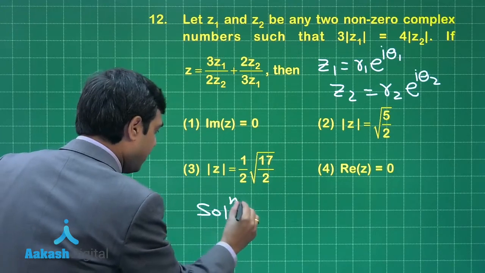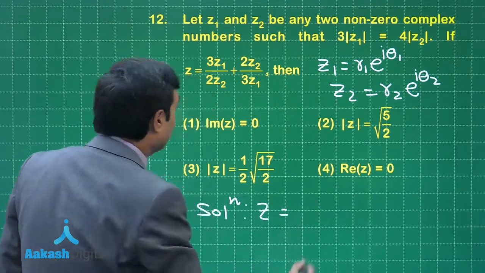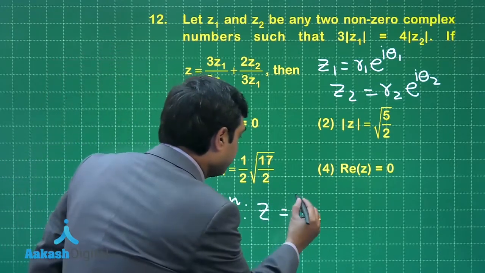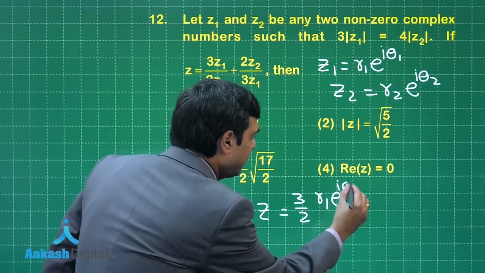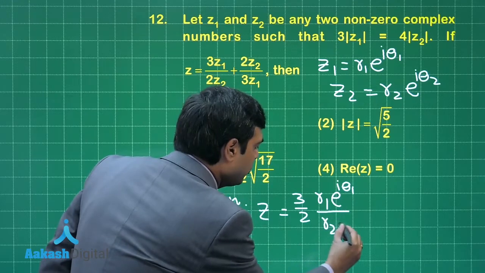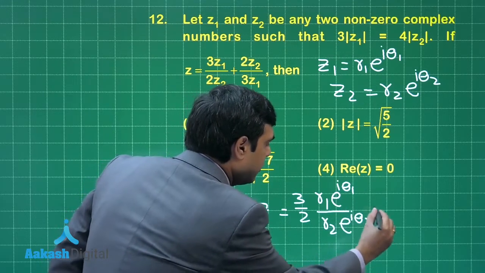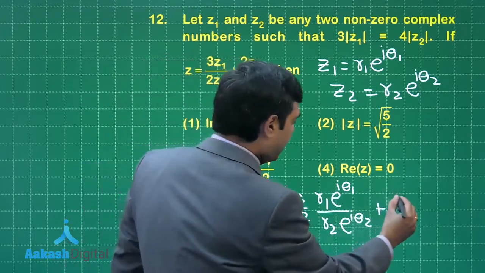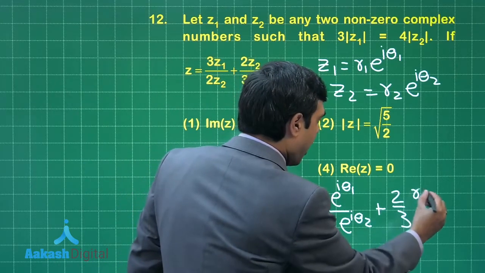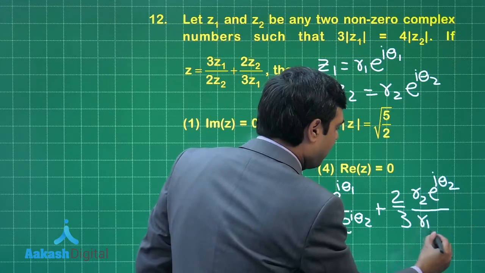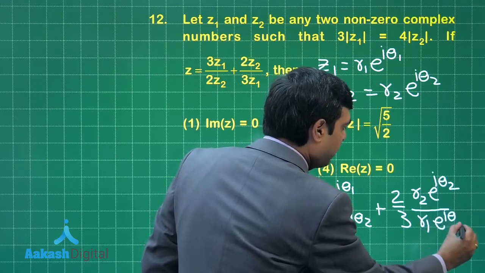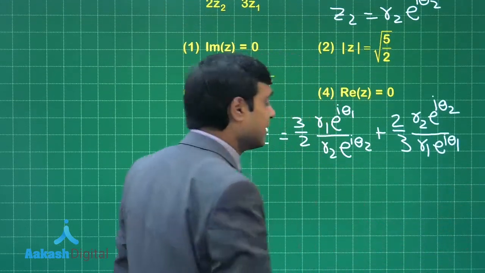Starting the solution part, z is equal to 3/2 times r1 e^(iθ1) upon r2 e^(iθ2) plus 2/3 times r2 e^(iθ2) upon r1 e^(iθ1). I am sure this is clear.